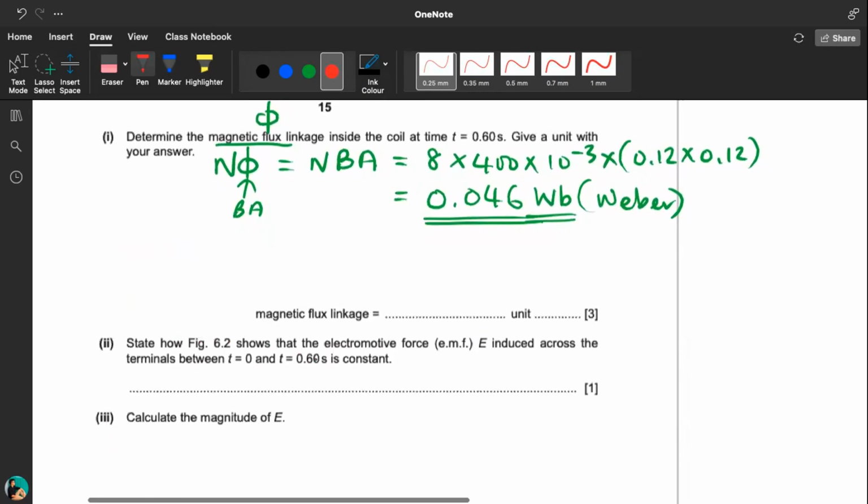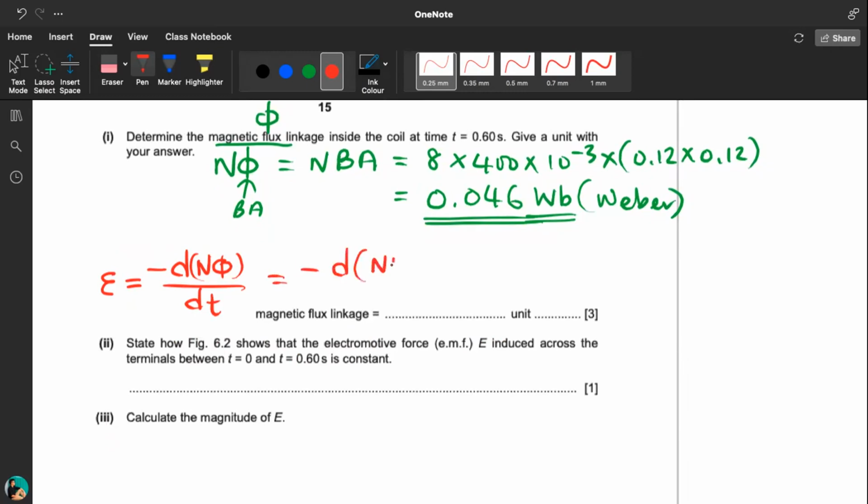State how the figure shows that the EMF induced across the terminal is constant. From here we get EMF equals, the general formula is minus the change of the linkage over change of time. So it's the gradient of the flux linkage graph. I can write it as minus d(NBA) over dt.